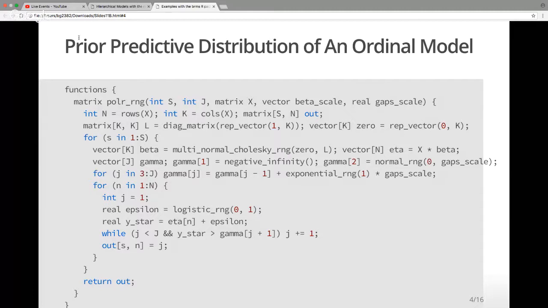Now, this is going to use a logistic distribution on the errors, and so you can think of eta as the log odds. Remember, odds is like the probability of something divided by the complementary probability.